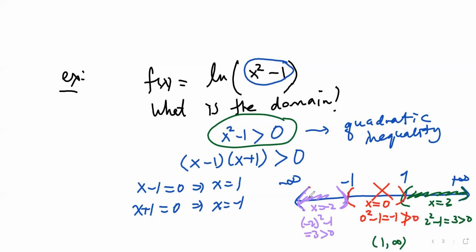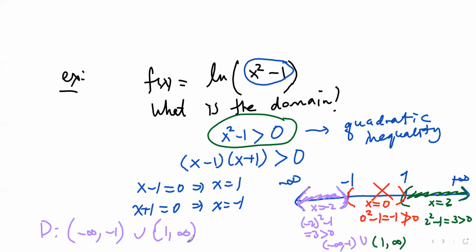So this one also satisfies it. So now I have two pieces: negative infinity to negative 1, union 1 to infinity. The domain overall is going to be this. You see with the nonlinear, we have to do more work to find a domain.